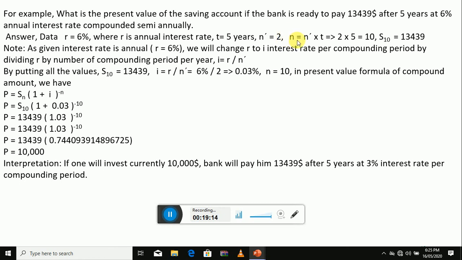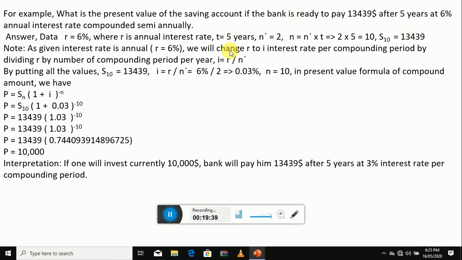So n is equal to n prime multiplied by t. What does this mean? This means that n represents the total number of compounding periods, that is how many times the bank will pay interest in 5 years. We are using the symbol n for that. So in 1 year 2 times, in t, 5 years, 2 multiplied by 5, 10 times. And the future value is also given, 13,439.